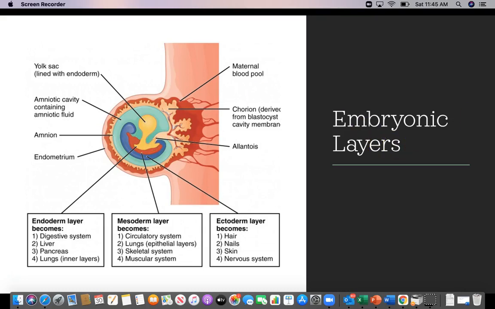The mesoderm layer, which you see here in red, becomes the circulatory system, the epithelial layers of the lungs, and the skeletal system. It also becomes the muscular system. The ectoderm layer, which you see here in blue, will become the hair, the nails, the skin, and the nervous system. You can see a few other structures here that will change and become important in the fetal stage as well.